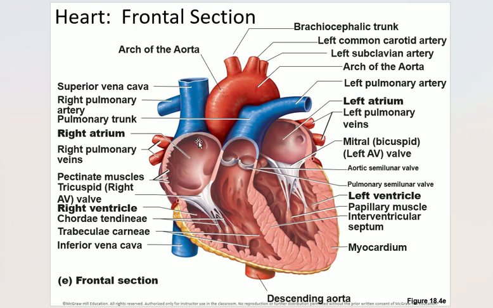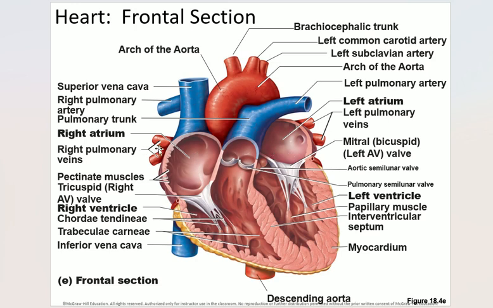Then we go back to the heart with the left and right pulmonary veins. Those are going to be right here. This is a little bit misleading on where they deposit, but they both dump right into the left atrium, so right here.